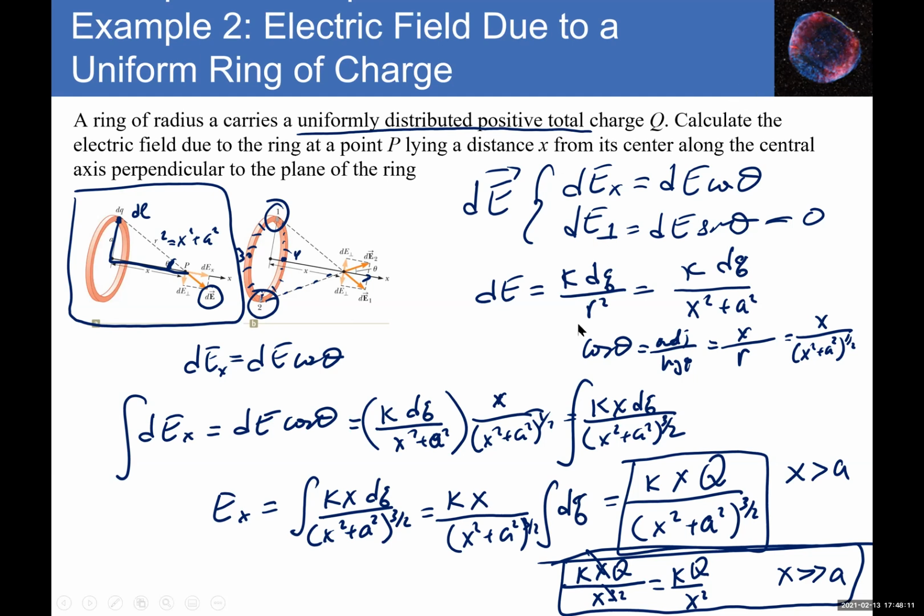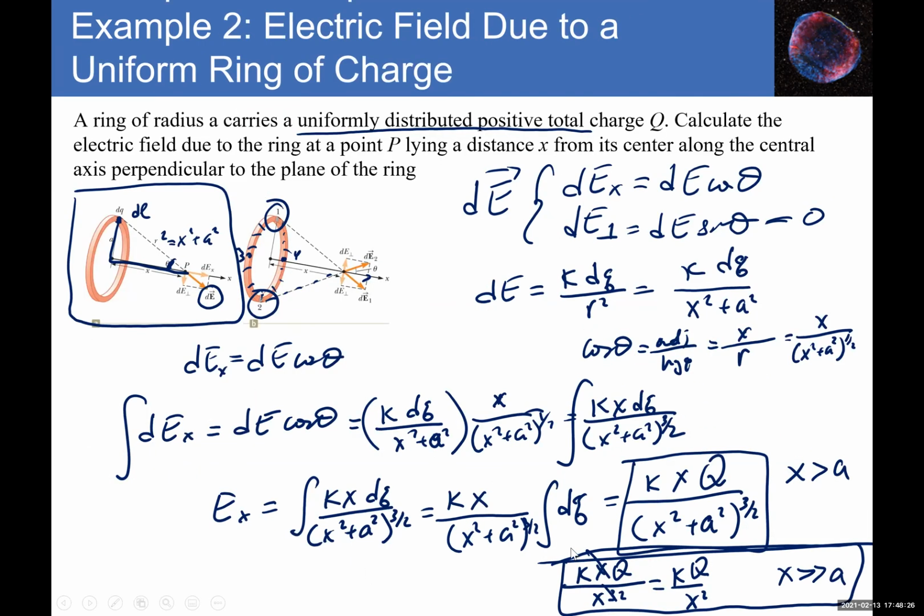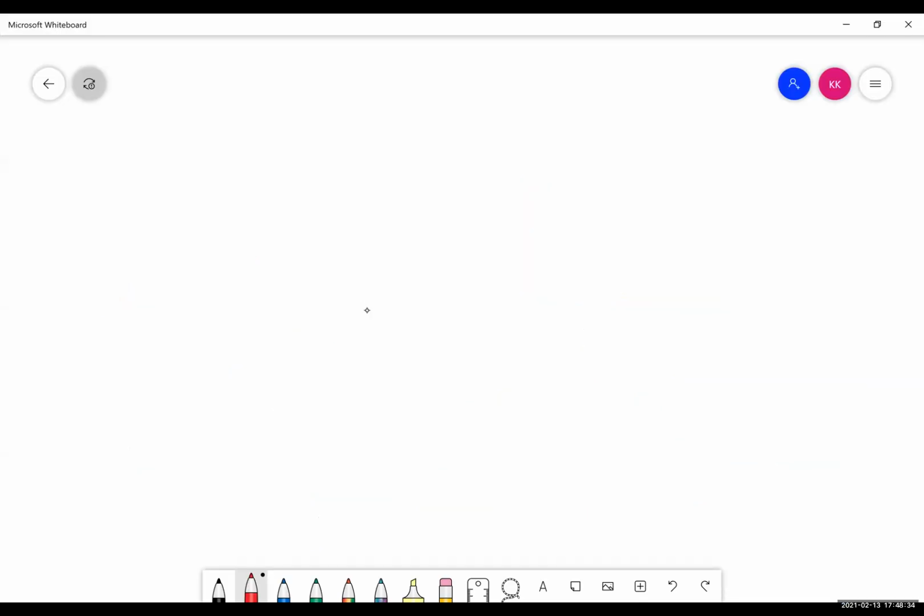The example we looked at before had a one-dimensional rod, and you were trying to find the electric field at point P on the same axis. What if the point P of interest is not on the same axis? Let's see what the calculation looks like for something like that.